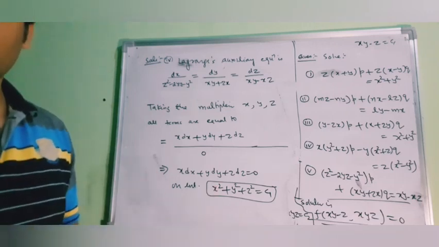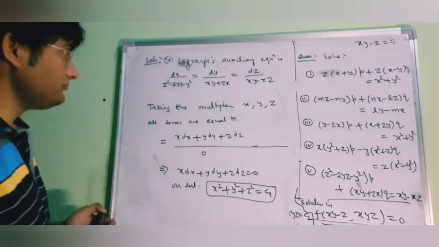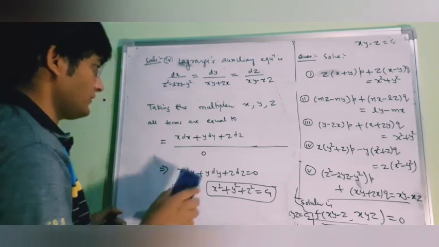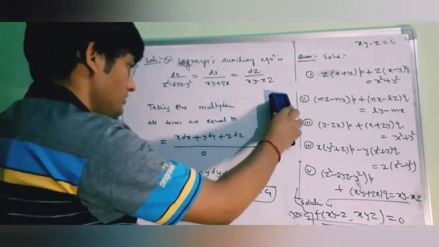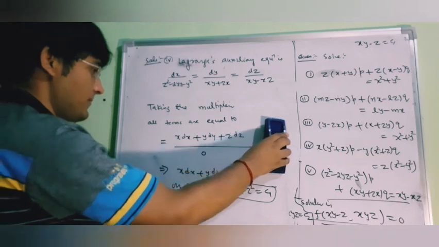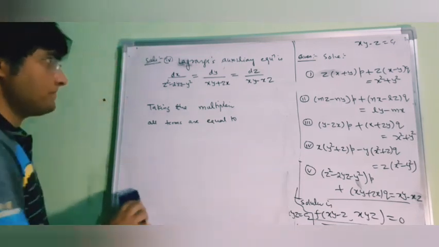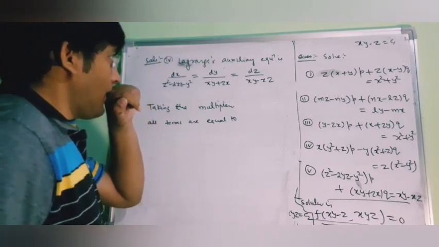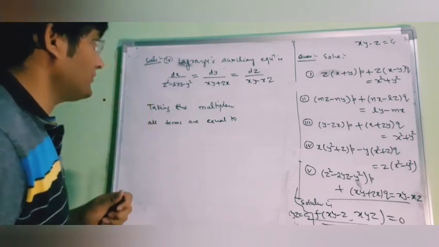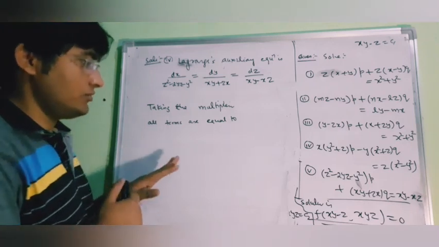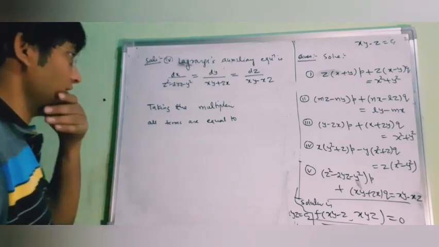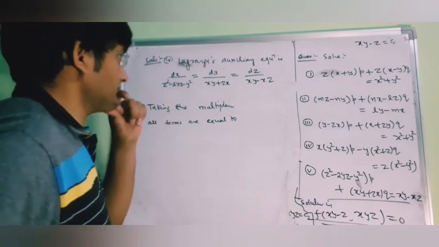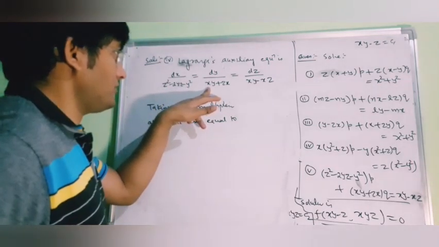Now let us guess the second solution. So this is your one solution, and for the second solution, now guess your multiplier. We have already obtained the first solution, and now let us obtain the second solution.